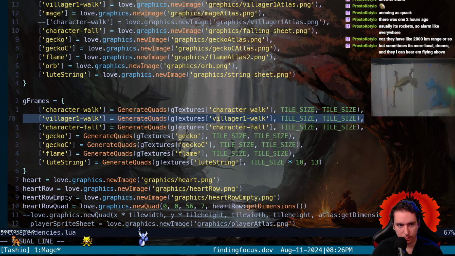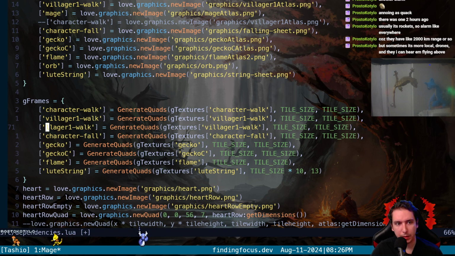And then we need to generate the quads for the mage.